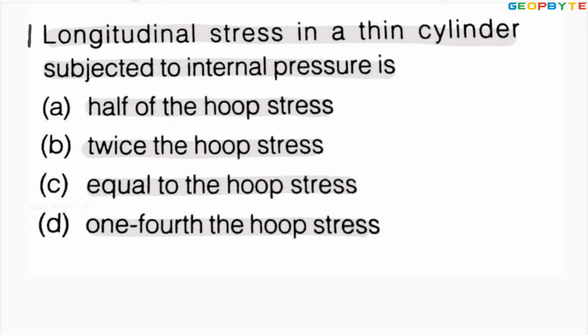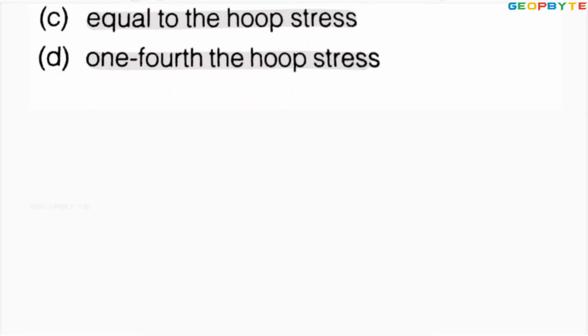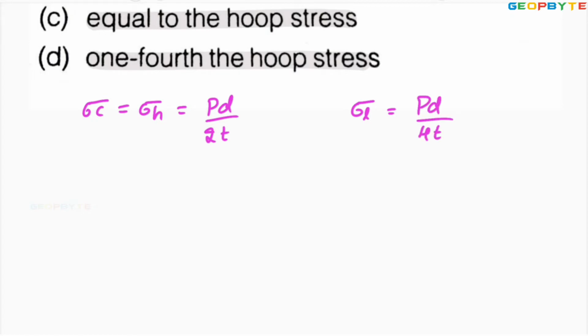Dear friends, as we know, the circumferential stress, also called hoop stress, is equal to PD by 2T, whereas longitudinal stress is equal to PD by 4T, where P is the internal fluid pressure, D is the internal diameter, and T is the thickness.